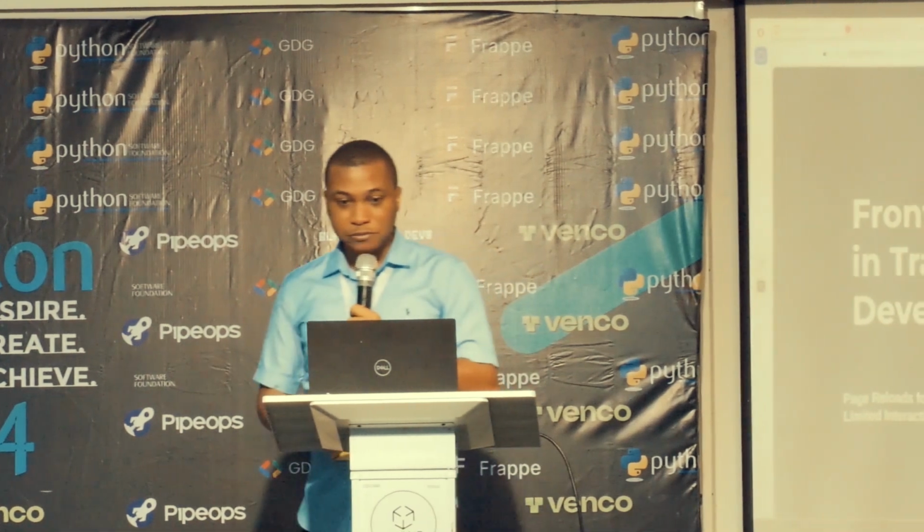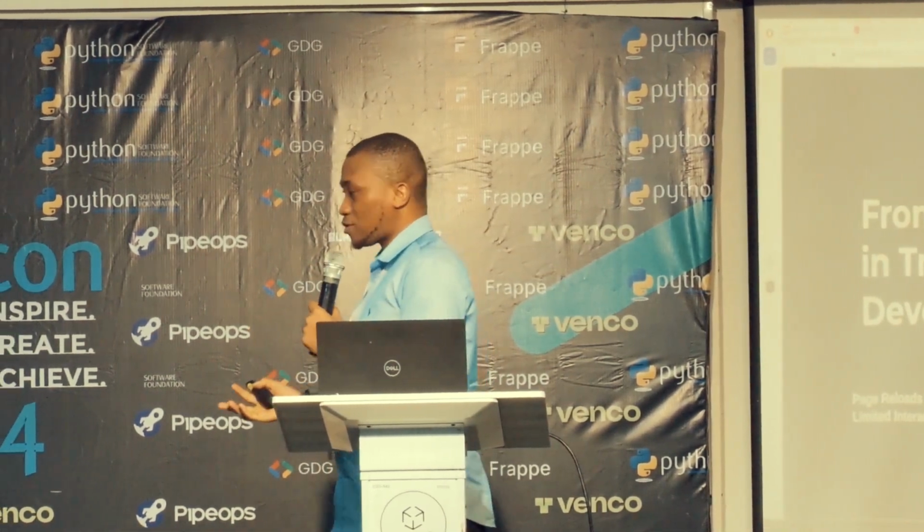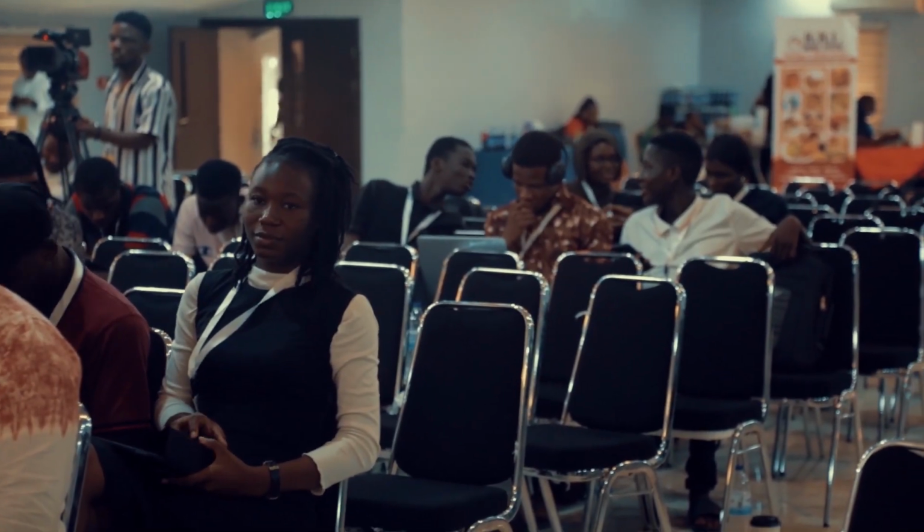So what is the current state of Django frontend? If you've been building with Django, you know that right now one of the most annoying things with Django is that it reloads all the time, right? If you want to do a simple form search, maybe you have an app and then you want to search for a user. Once you enter the name of that user and then you click on that search button, what does it do?